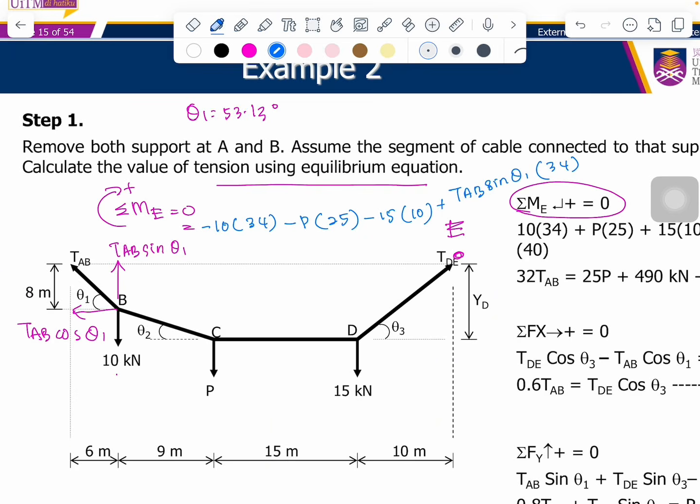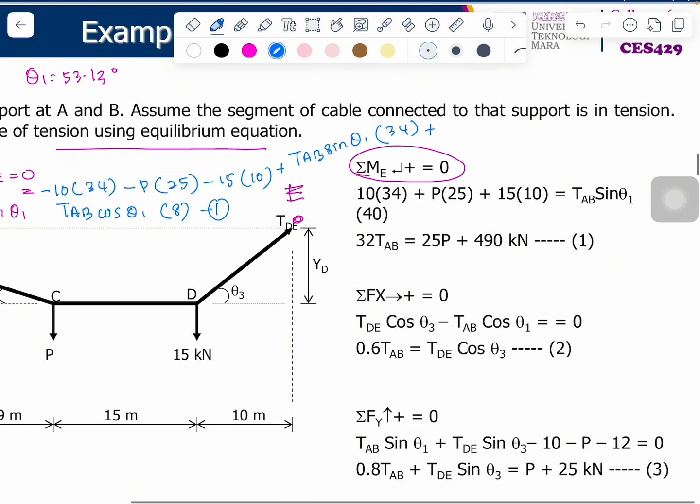Then for TAB cos theta 1, this one also rotates in the clockwise direction about E, so plus TAB cos theta 1 times 8 meter. So this is the equation for moment at point E equal to 0. When we rearrange these terms, this one becomes this one, so you can refer to this solution.